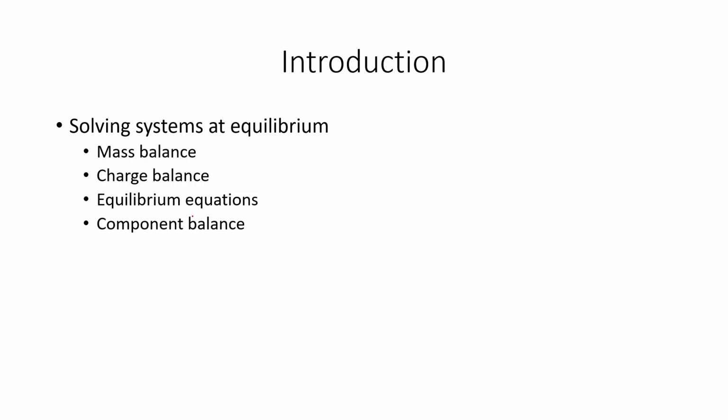Whatever this was, basically we wanted to solve the system at equilibrium. So we needed to do the component balance, but there are other things that can be used for solving at equilibrium when you are trying to do it manually. First is mass balance. Whatever mass is going in, the same mass should come out.